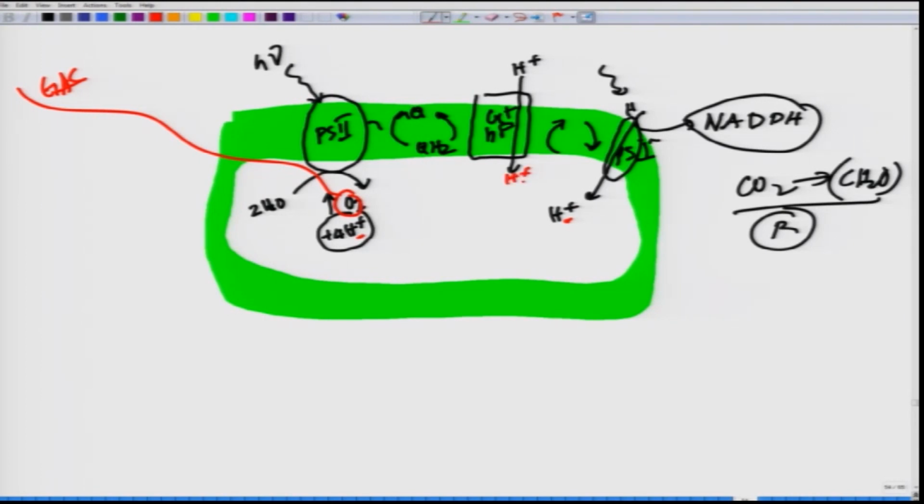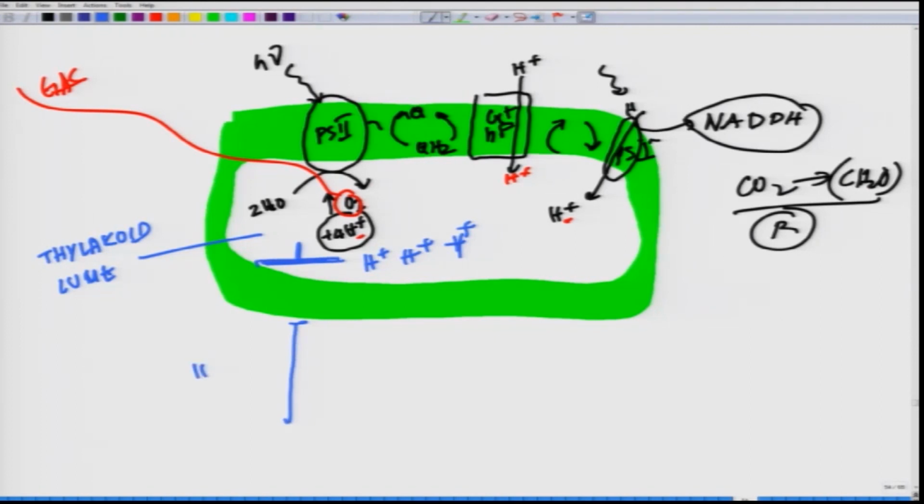So, inside the thylakoid lumen you have a very high concentration of H+. Essentially, if I had to put a pH gradient, it will be something like this. On the contrary, outside it is much less, which is the stromal side, the stroma.